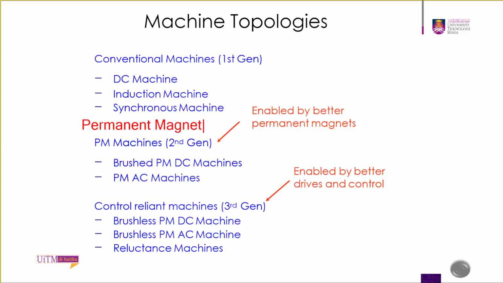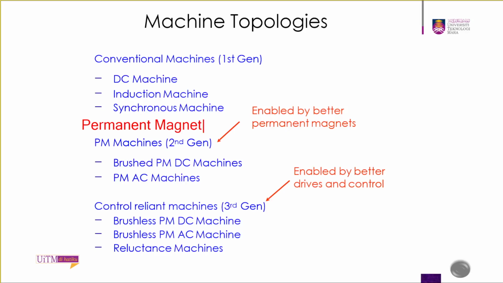So it is a brushless PM DC machine, brushless PM AC machine, as well as the reluctance machines. And normally the famous reluctance machine is the switched reluctance machine, also known as SRM, right? And these two generations are enabled by better permanent magnets. We have discovered a new technology on the permanent magnets. That's why it's used for the second generation.